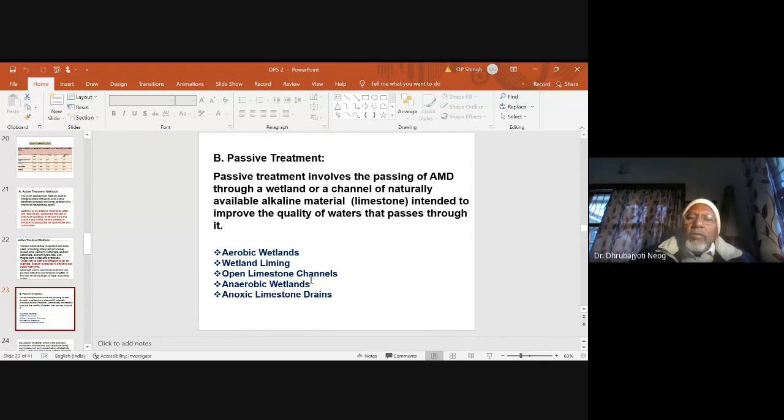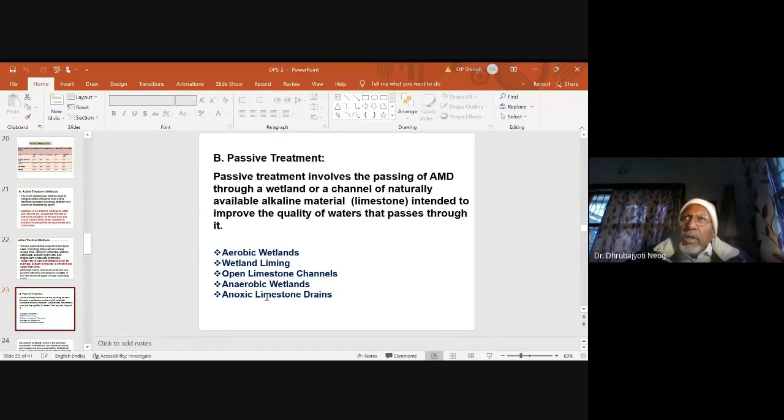Then aerobic wetlands: sometimes we aerate, we put additional air in the wetland, and this way we activate aerobic bacteria and neutralization is better. And sometimes in combination we are using anoxic limestone drains, where we are putting organic material so that anoxic condition is created, and in this condition anaerobic bacteria become active.